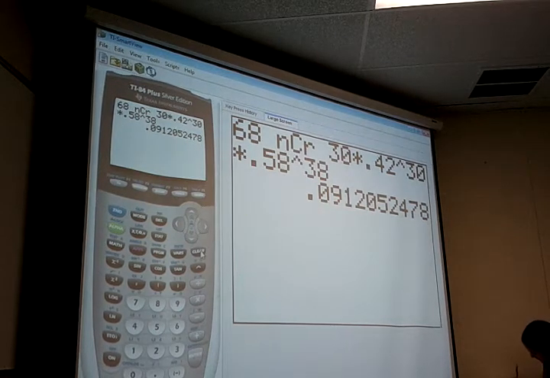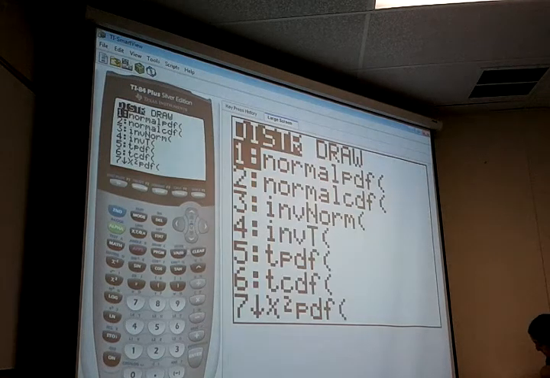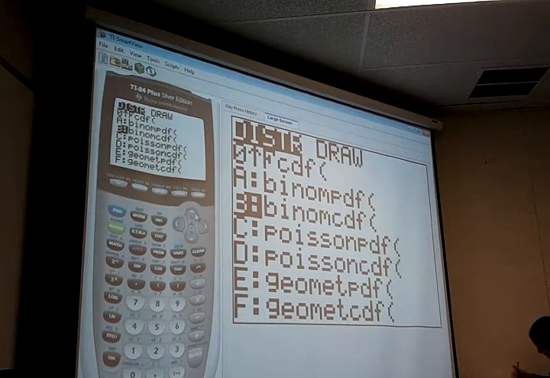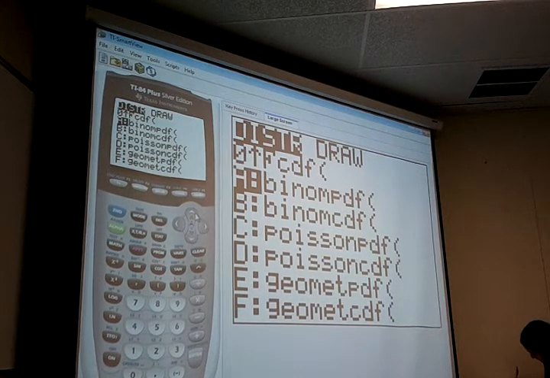Is that cool? And I will need to see this setup, right? To check ourselves, what can I put into Binomial PDF? Go to second vars to get the distributions. Go to Binomial PDF. Why am I using PDF now? Particular. I want exactly 30. It's a particular number, not an accumulative number, not a lot of numbers, right?